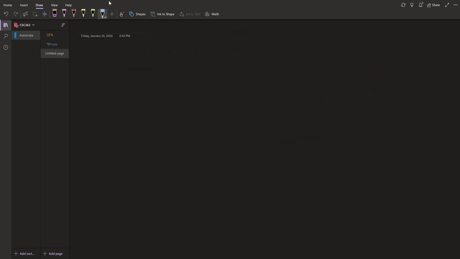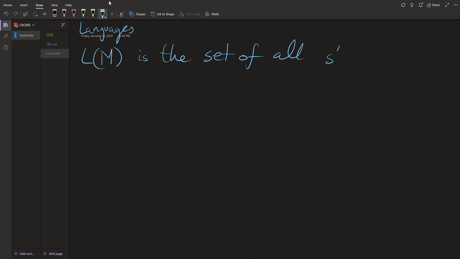Let's talk about languages. All right, so languages, we say a language L_M is the set of all strings that this machine M accepts.